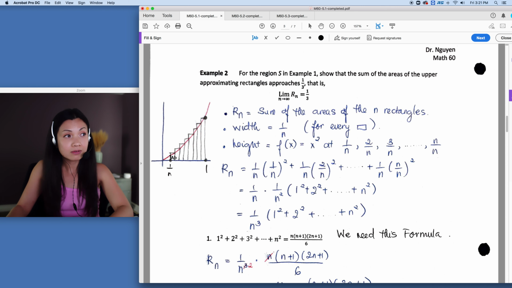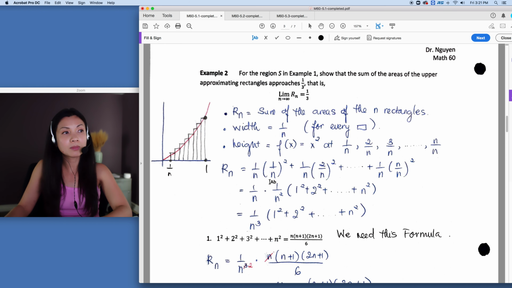The width, which is the base right here, is going to be 1 over n for every rectangle. The height is x squared at 1 over n, 2 over n, 3 over n, and so on, n over n, which is 1. This is considered n rectangles, so I have all the way to n over n squared here.